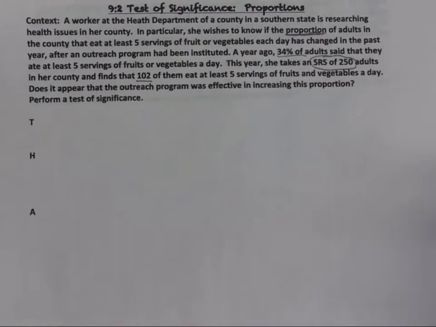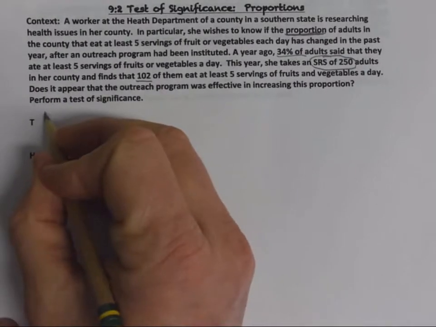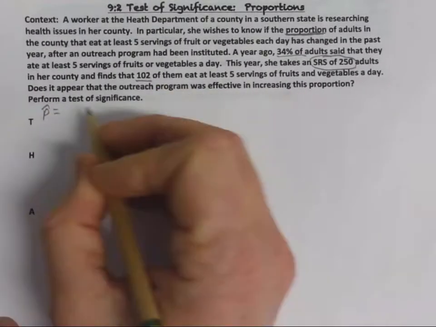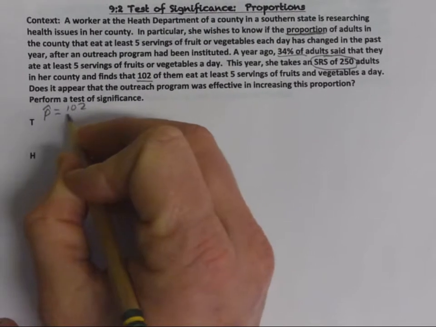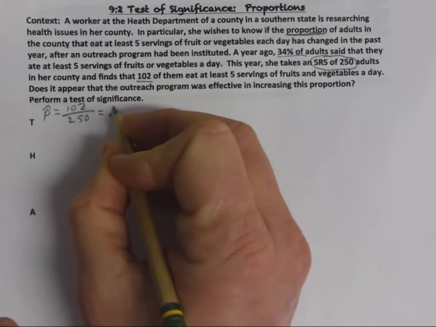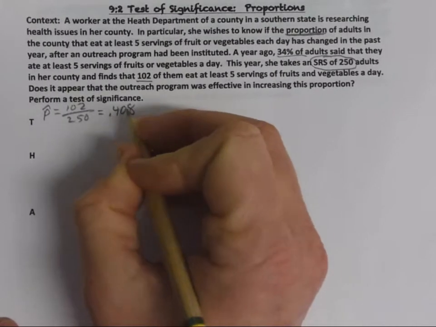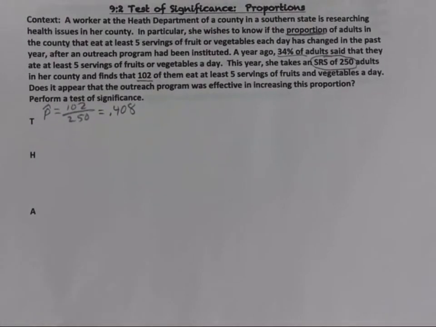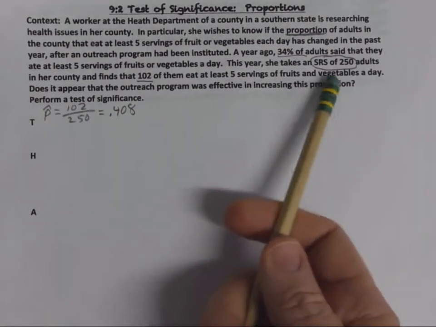So let me just go ahead and write the p-hat. So our p-hat, our sample value, is going to be 102 out of 250, and that, in fact, is equal to 0.408, okay, 40.8%. Eat at least 5 servings of fruit and vegetable a day.